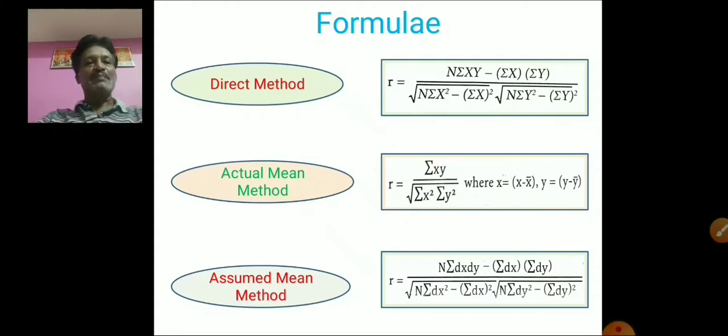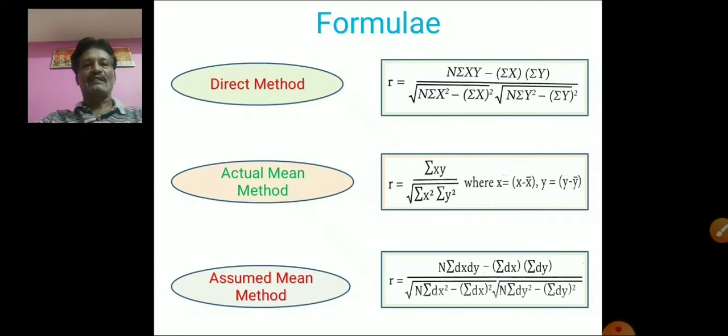So here, if a sum is given, you have to calculate sigma x value, sigma y value. You square the x values and take the total sigma x square. You square the y values and take the total sigma y square, and you take the product of x and y and take the total sigma xy. And n is the number of pairs of variables given.